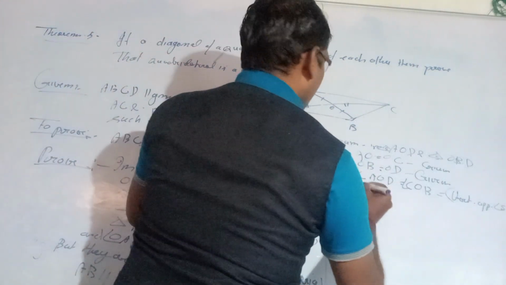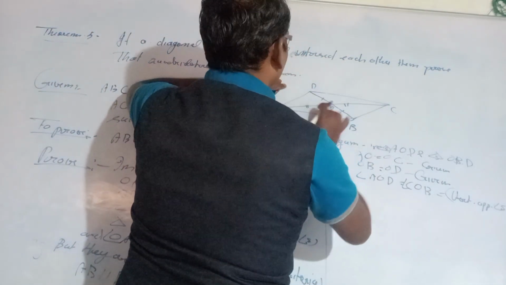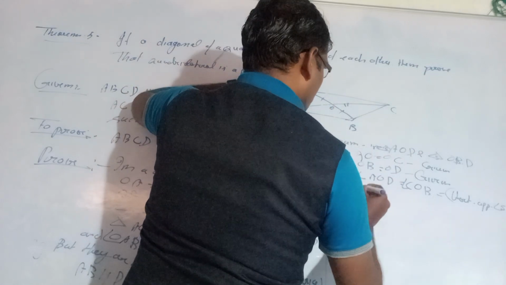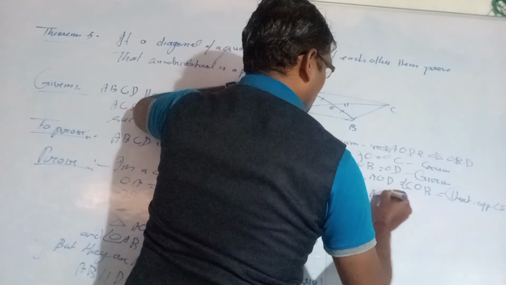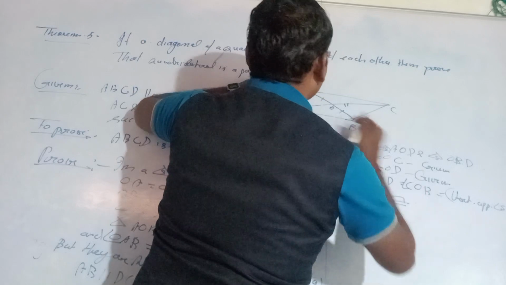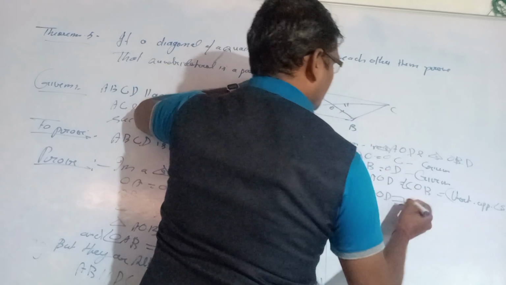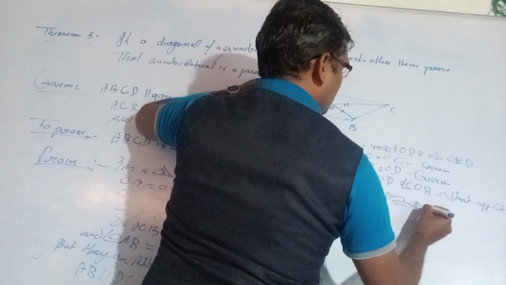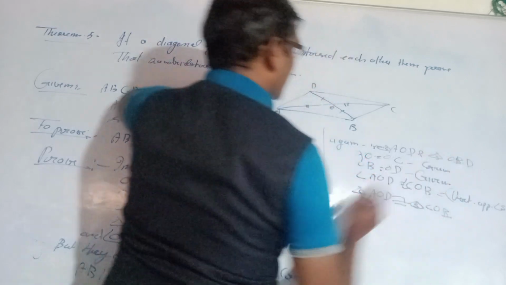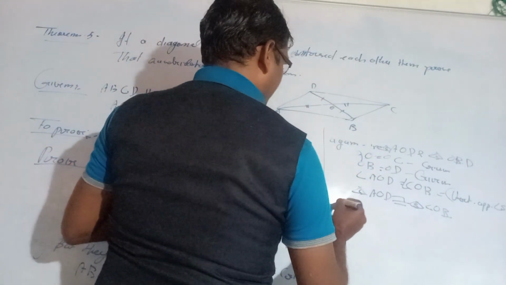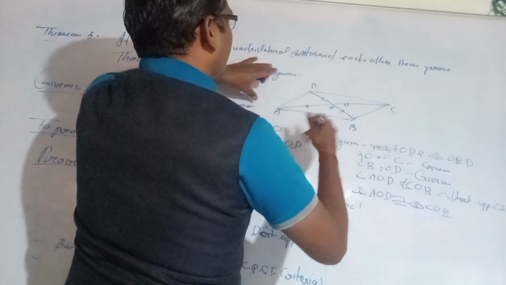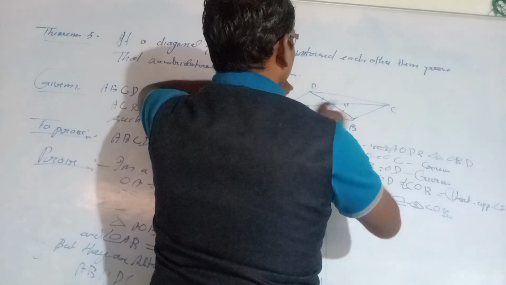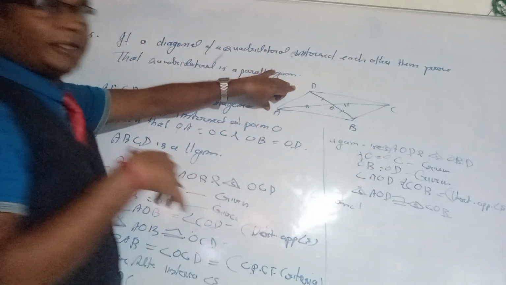So we can say that triangle AOD is congruent to triangle COB.